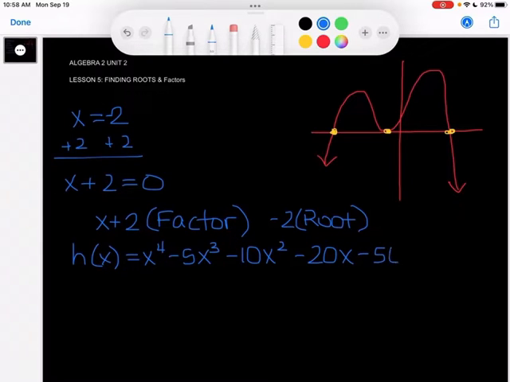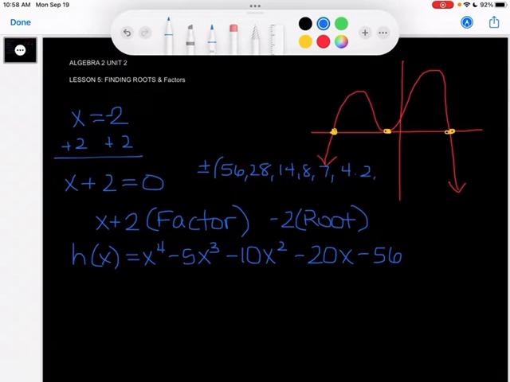With this example, I listed all the possible rational roots using the Rational Root Theorem, and those ended up being 56, 28, 14, 8, 7, 4, 2, and 1, but plus or minus all of those because it could be positive or negative.